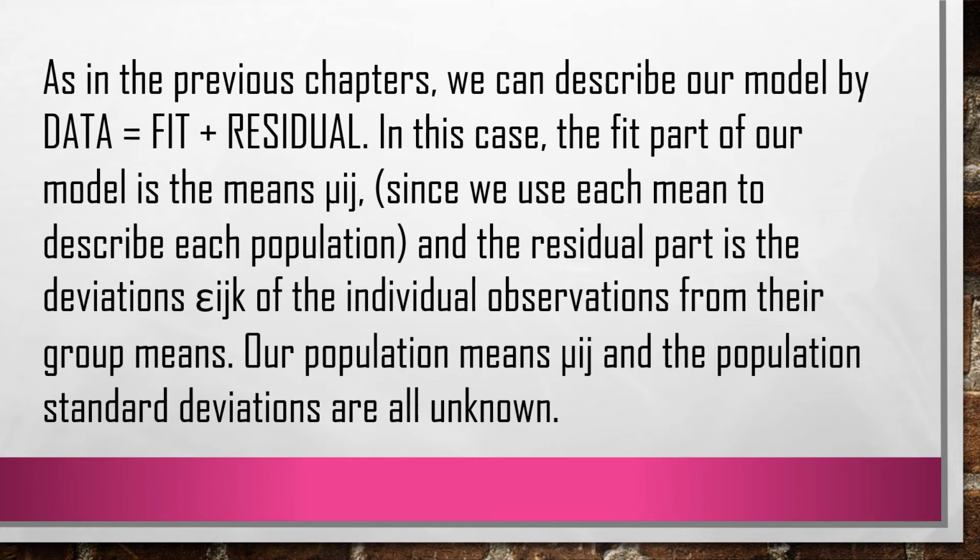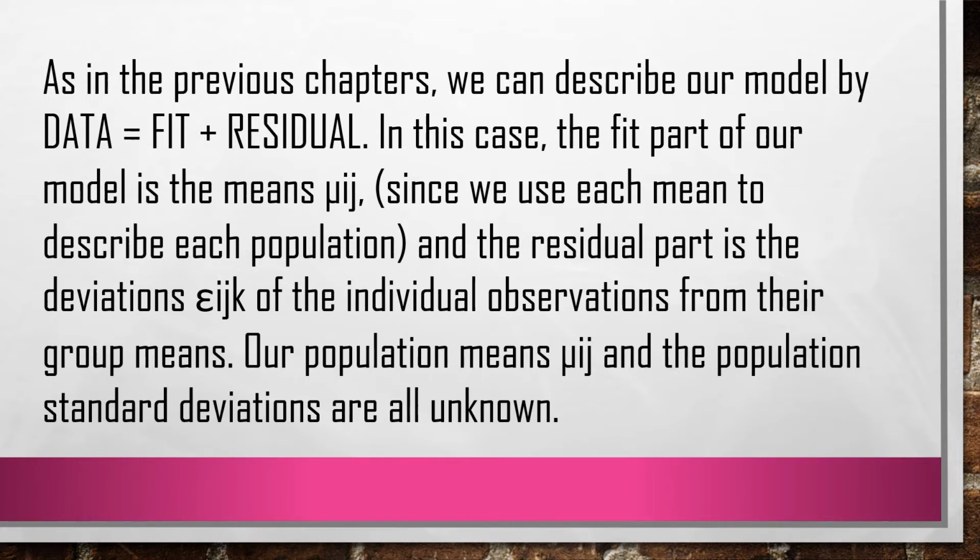In this case, the fit part of our model is the means mu_ij, since we use each mean to describe each population. The residual part is the deviation epsilon_ijk of the individual observations from their group means.